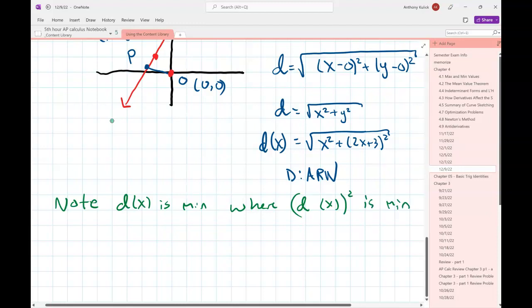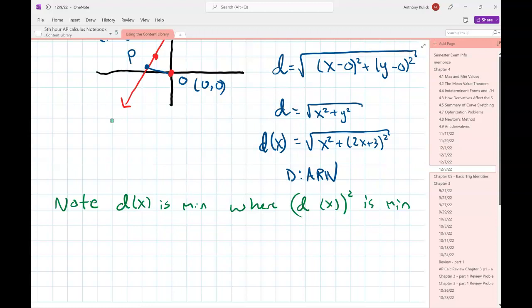I'm going to make the following observation, that d of x is going to be minimum where d of x squared is also minimum. Now think about that. If you have a positive number, because it's a distance, and you find the smallest positive number, and then you square it, it's still going to be the smallest thing, provided that the smallest number was a positive number, right?